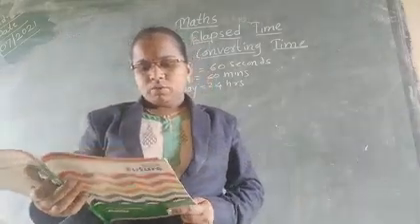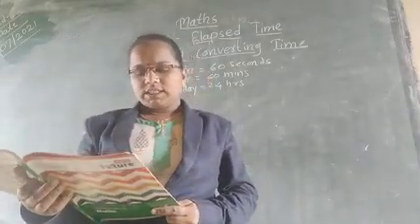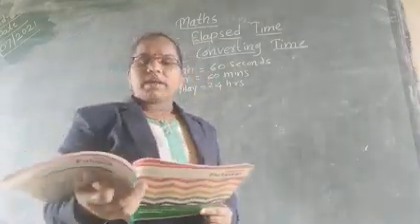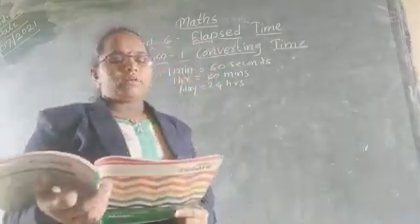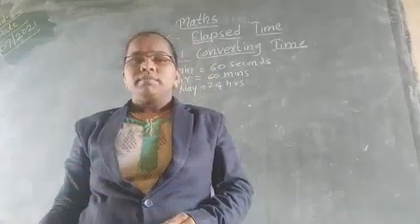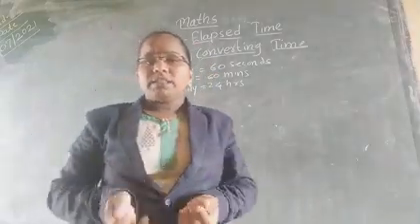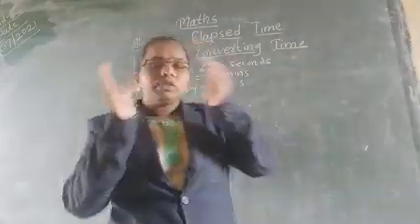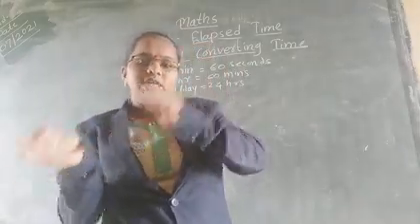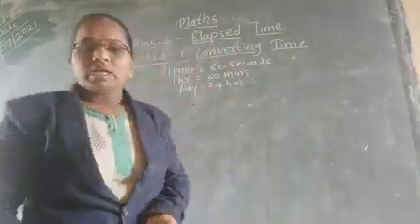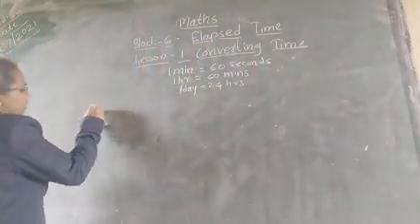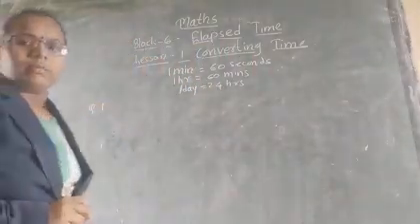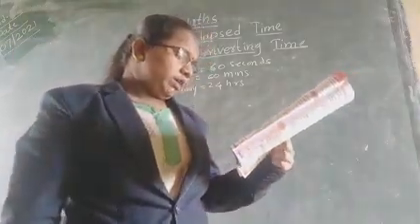To compare two time durations in different units, we can convert time from one unit to another, minutes to hours and hours to minutes, as follows. See question number 1.